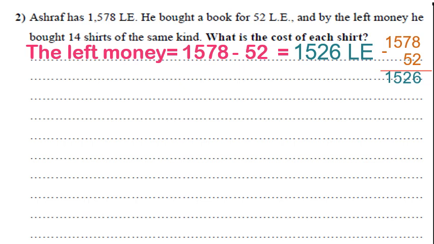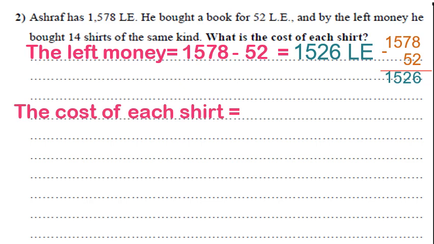Then let's find the cost of each shirt. So I will write 1,526 divided by 14. Now let's do long division in the standard way.